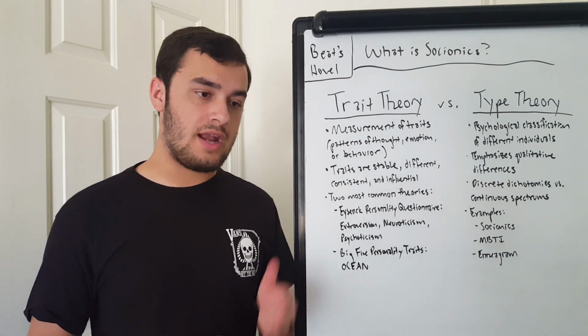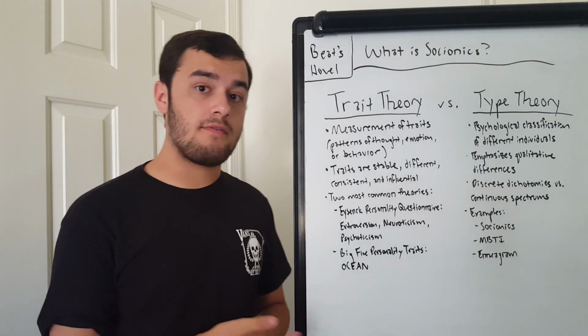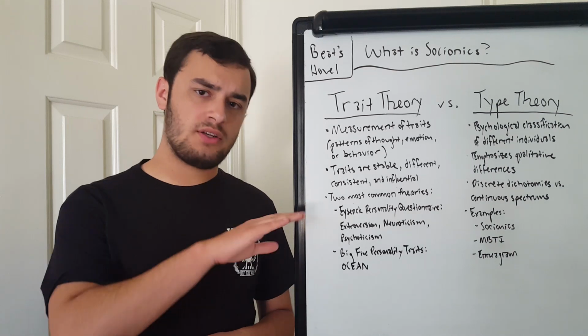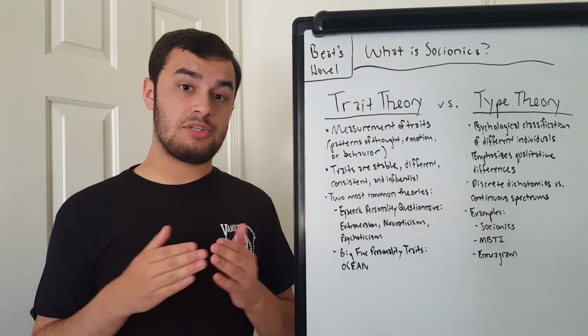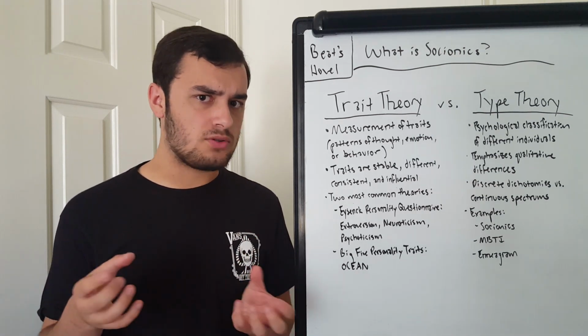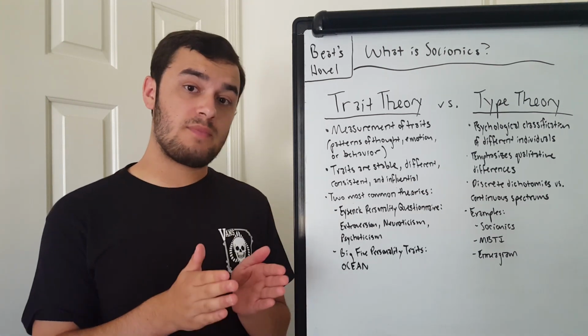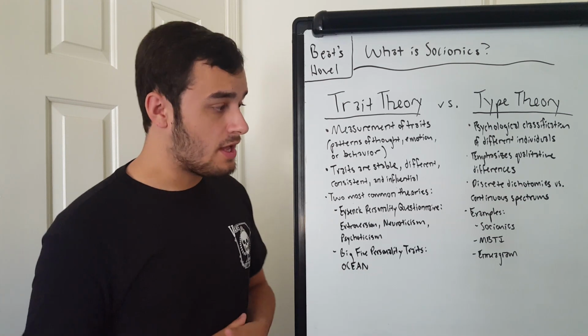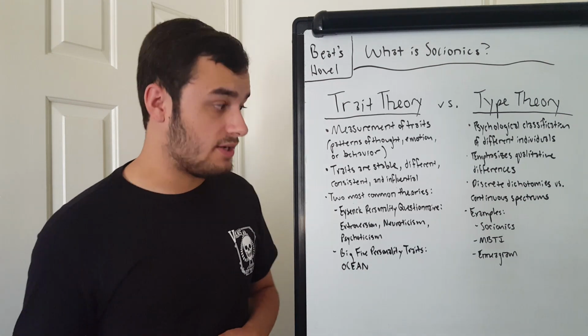You were either an extrovert or an introvert, in contrast to something like the Big Five, where you'd take a test and you'd be plotted on a continuous spectrum. Some people are going to be in the middle, some people are going to be on opposite ends, but by no means are you sorted into a classification of extrovert versus introvert. So where type theories put you into dichotomous categorizations, trait theories give you a continuous spectrum analysis of your personality.